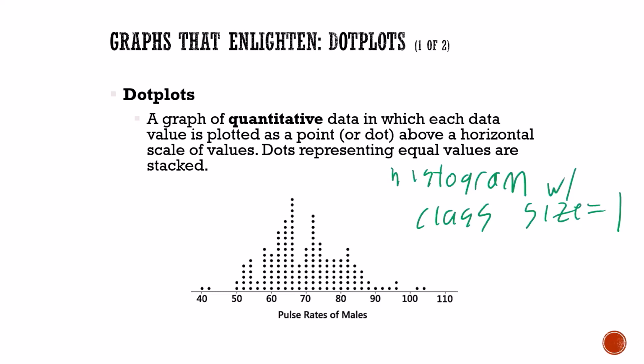So with a dot plot, you can have histogram class size 1. You can have class size 0.1, right? So a dot plot is very similar to a histogram.